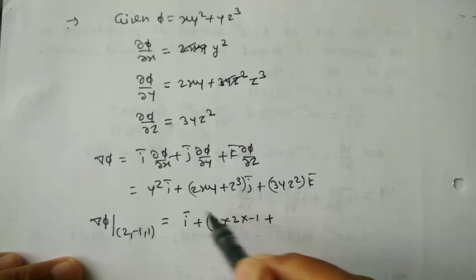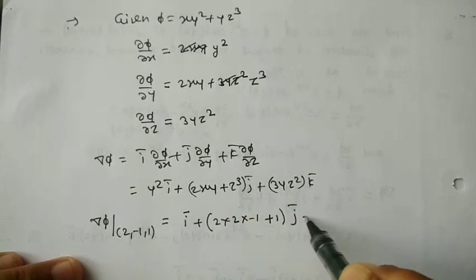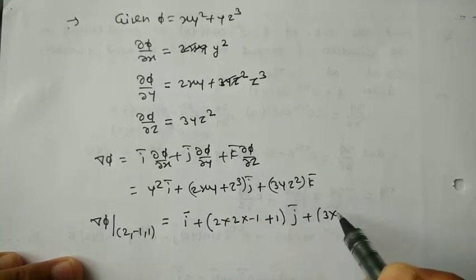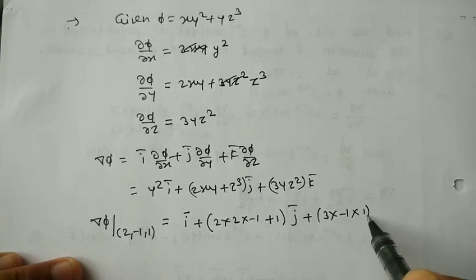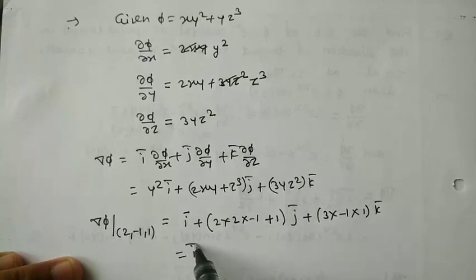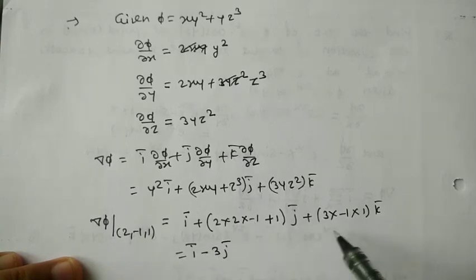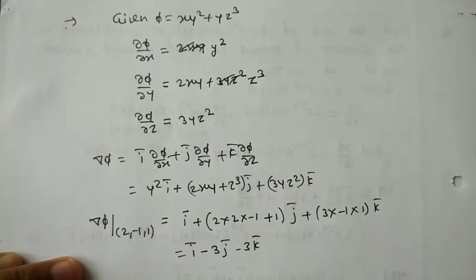This plus sign, z cube is 1 into j bar. 3 into y, y is minus 1, z square is 1 into k bar. That is equal to i bar, 2 into 2 is 4, 4 into minus 1 is minus 4, minus 4 plus 1 is minus 3 j bar, 3 into minus 1 is minus 3 k bar. This is the value of del phi at the given point.